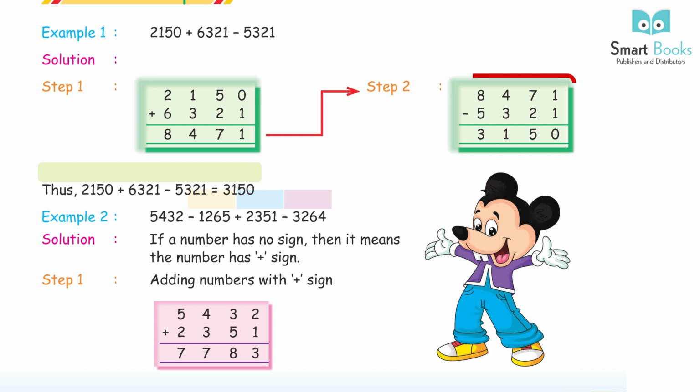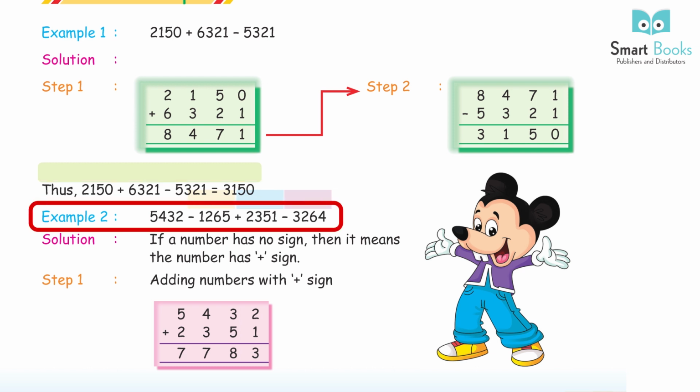Step 2. 8,471 minus 5,321 is equal to 3,150. Thus, 2,150 plus 6,321 minus 5,321 is equal to 3,150.